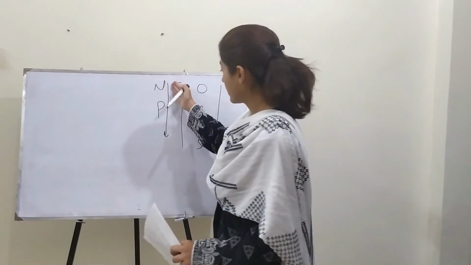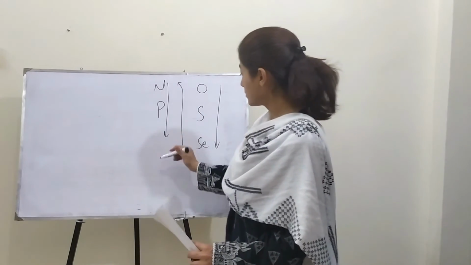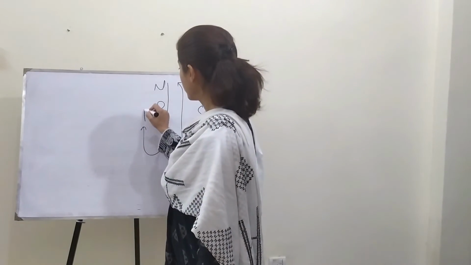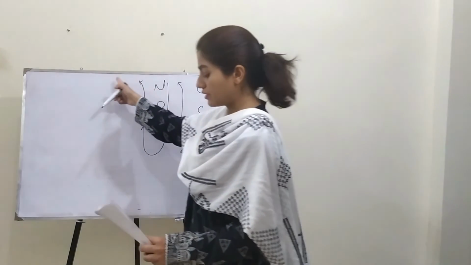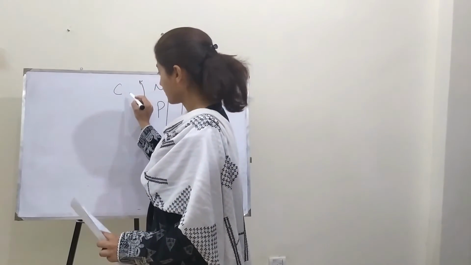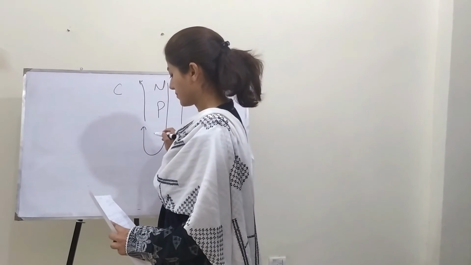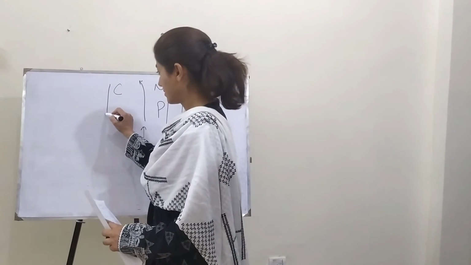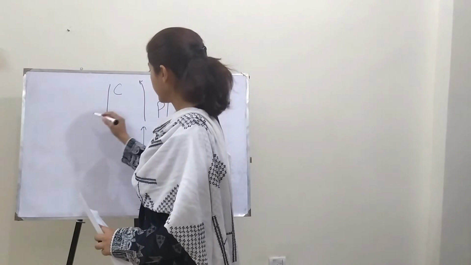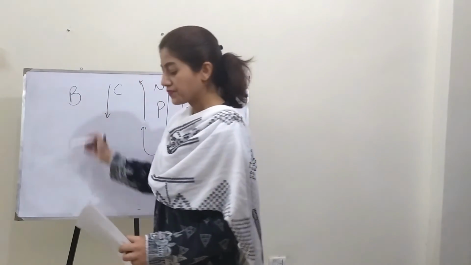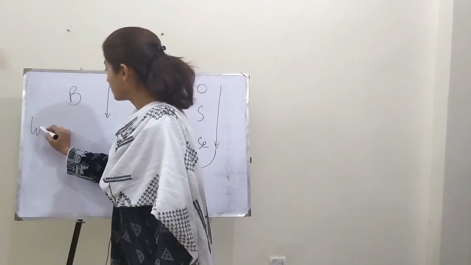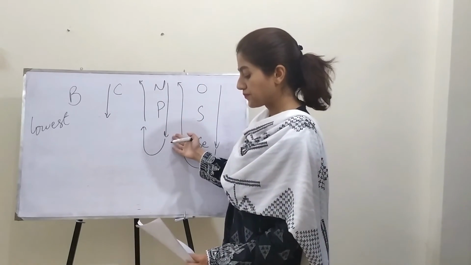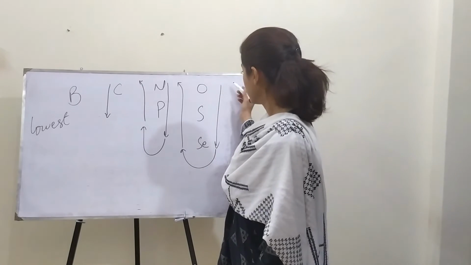So the priority would be decreasing from nitrogen to phosphorus, and then it would increase from phosphorus to nitrogen, but then it would decrease to carbon, and then it would become boron, and the lowest priority would be given to the boron as compared to the carbon, then to nitrogen and phosphorus.